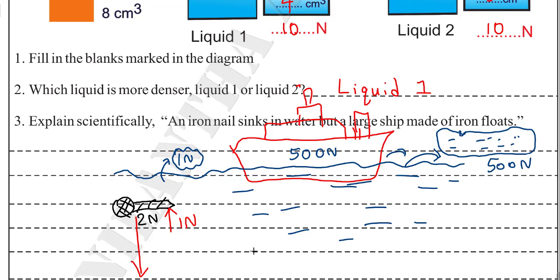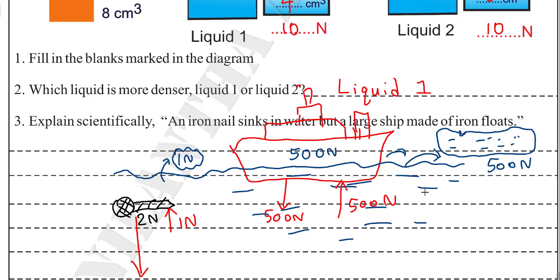Then weight is 500 Newton down, and the upthrust also, children, is 500 Newton up. Then this ship is floating, according to the design and the structure.